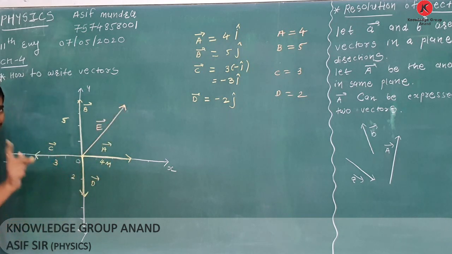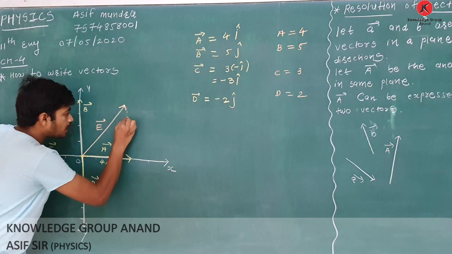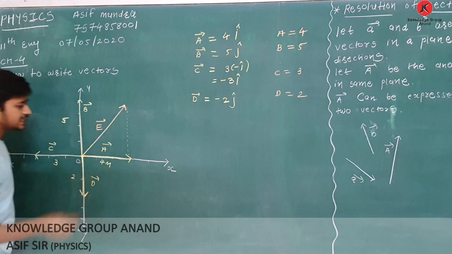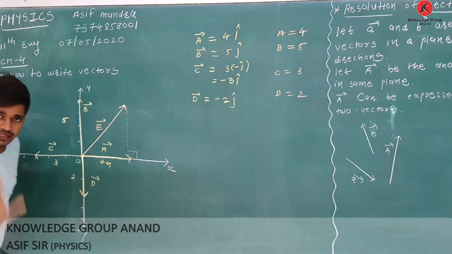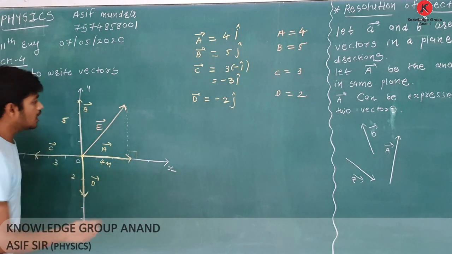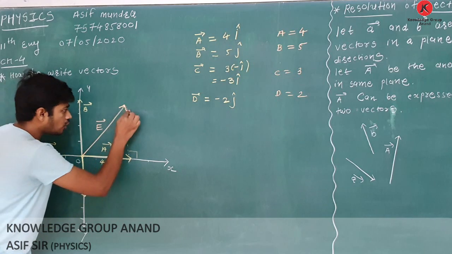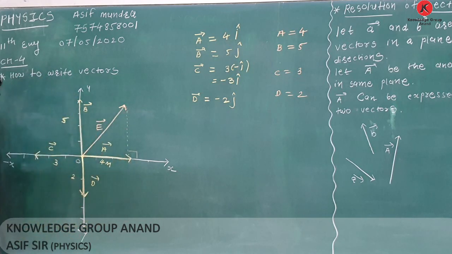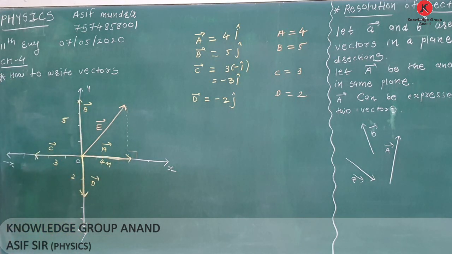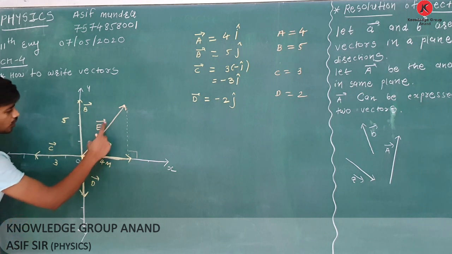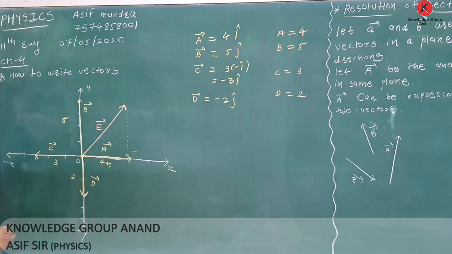See, it is vector E. From its head, draw a perpendicular on the x-axis. Perpendicular means it makes an angle of 90 degrees. This is called its x component. What is the x component of E? 4 meter.